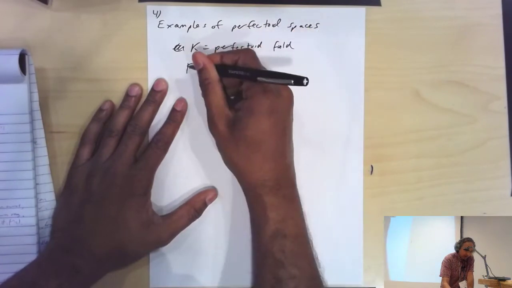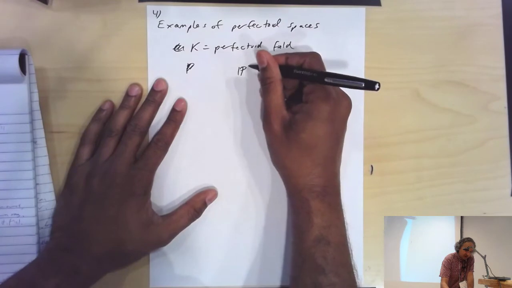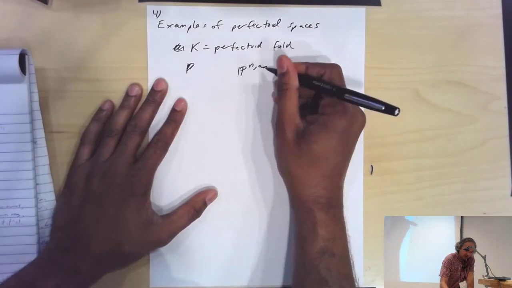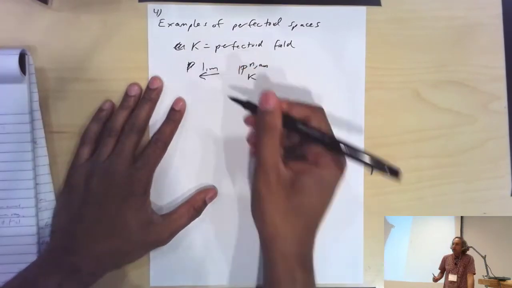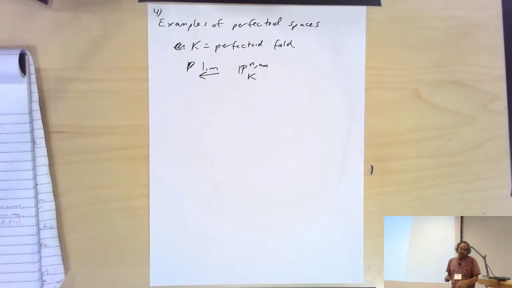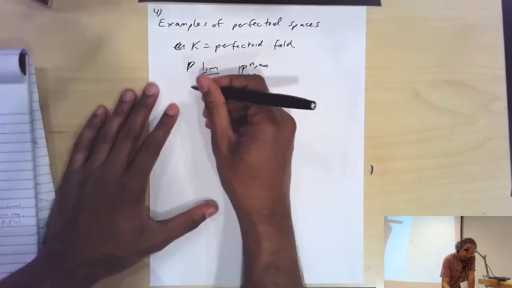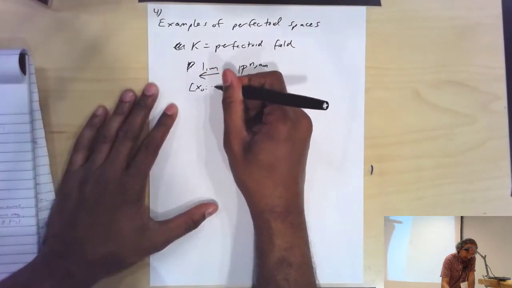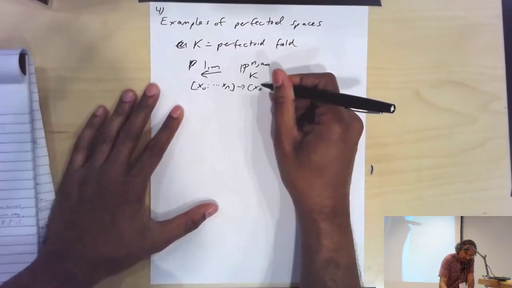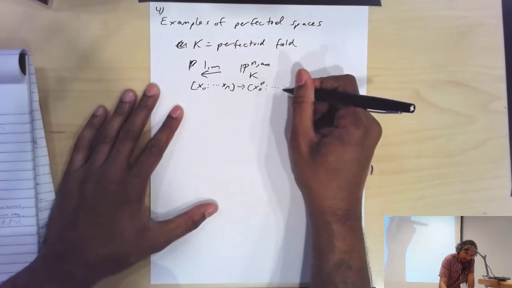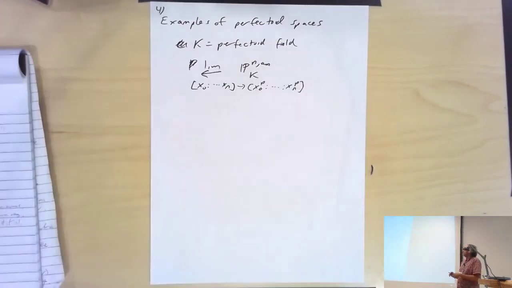then if you take the analytification of projective space over K, and then you take the inverse limit with respect to the map that sends a point in homogeneous coordinates to the corresponding point where you take Pth powers everywhere, then if you take the inverse limit in a suitably defined sense, that would give you a perfectoid space.